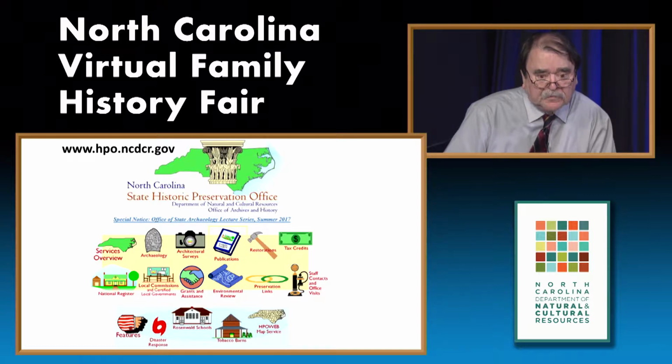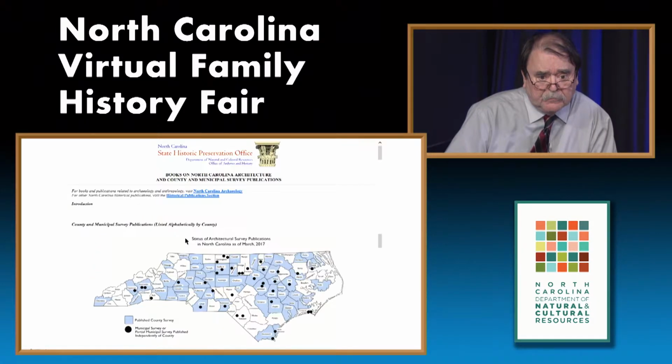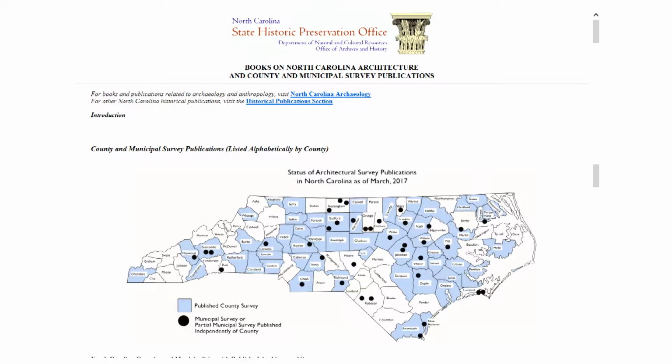Not everything is listed in the National Register, of course. Another source is published architectural surveys. Over 50 counties in North Carolina over the past 40 years have had historic architectural surveys published, and about 50 or more municipalities have published surveys separately.